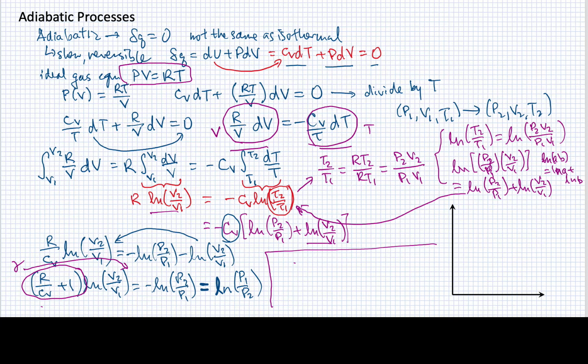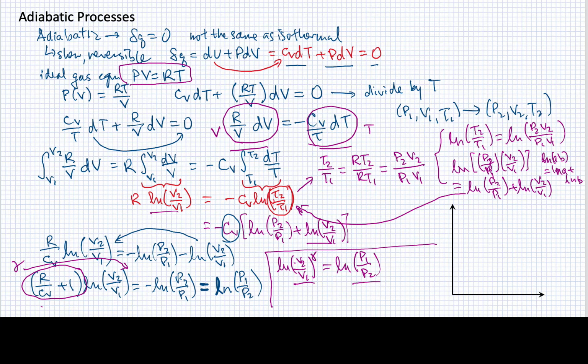I'll have that log of V2 over V1 raised to this gamma power is equal to log of P1 over P2. All right, now whenever I have a log of something equal to log of something else, that just means that this is equal to this.